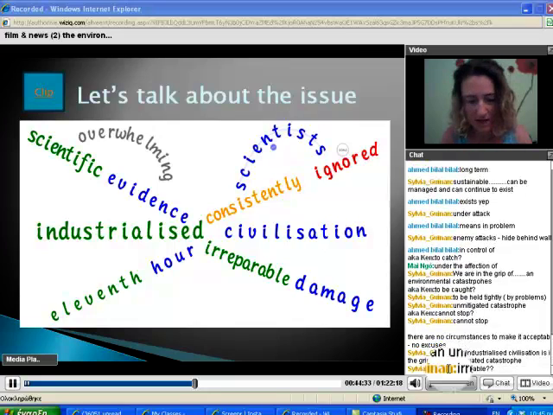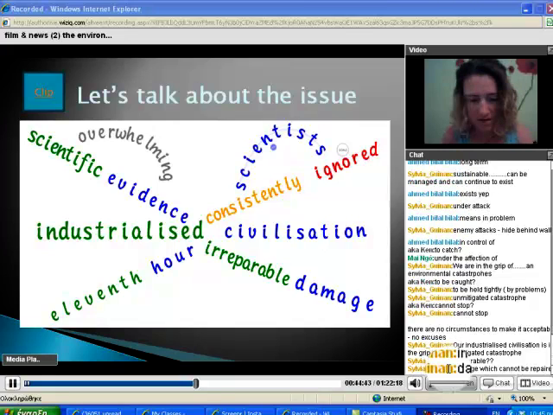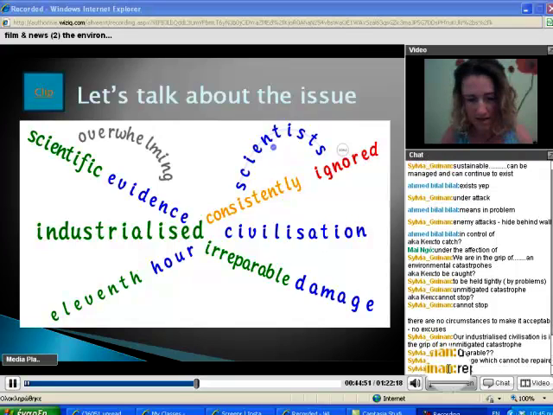Damage which cannot be repaired. That's right. So it's from repair. Okay, and if it cannot be, we put this in front, and when it becomes the adjective, it turns into that. Irreparable. Okay, excellent.